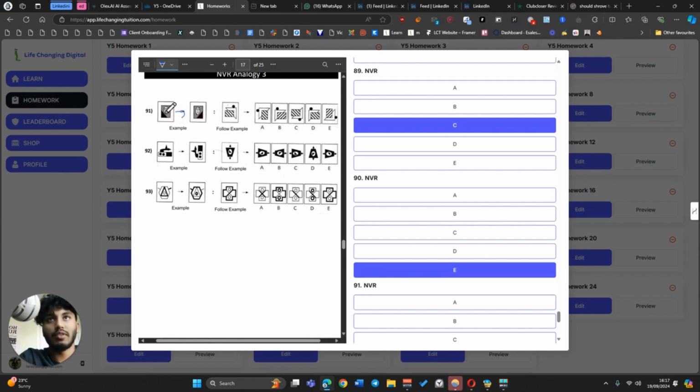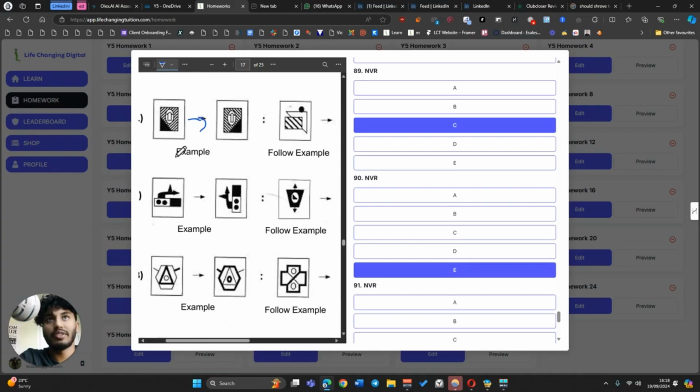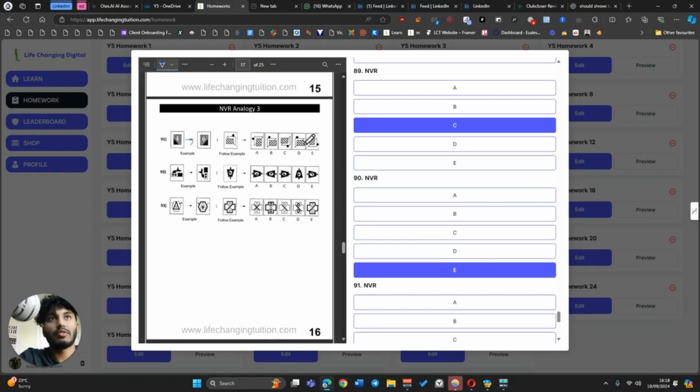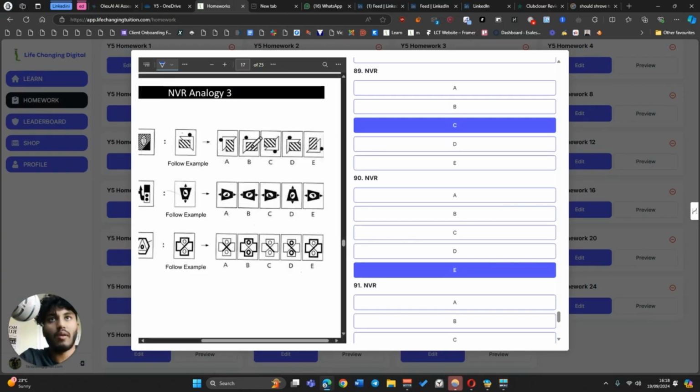This is the same shape but reflected. It looks like the arrow is changed a bit, but let's just reflect this initially. That can't be any of these ones because they're not reflections. Now this one has a circle in the wrong position, so it could be either of these two.